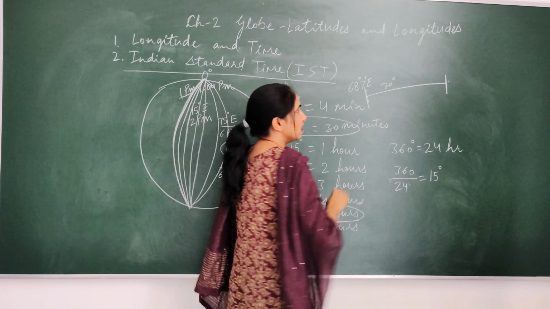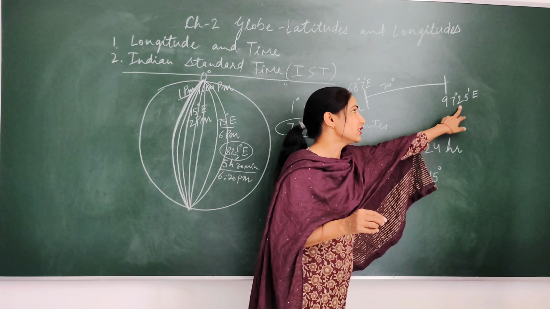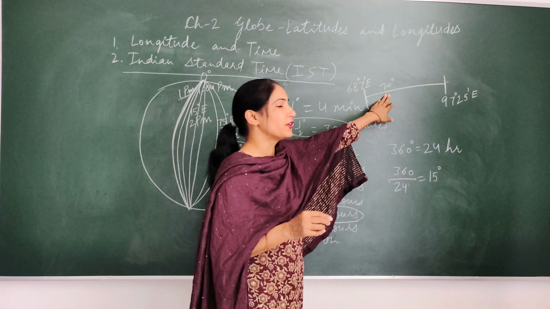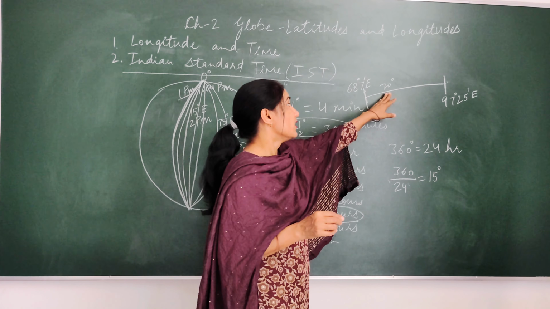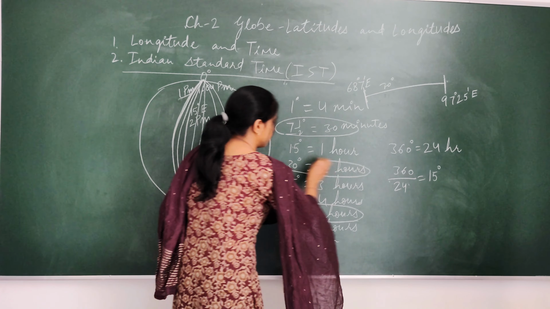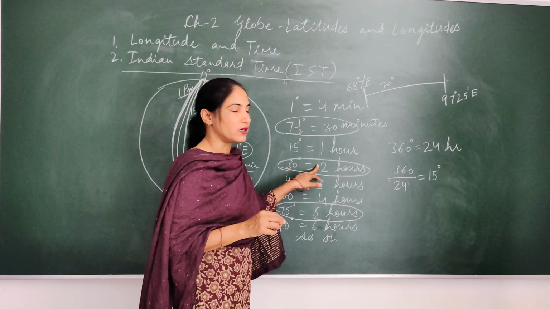When we subtract 68 degrees 7 minutes east from 97 degrees 25 minutes east, the longitudinal difference is 30 degrees. For 30 degrees we experience a time difference of 2 hours.